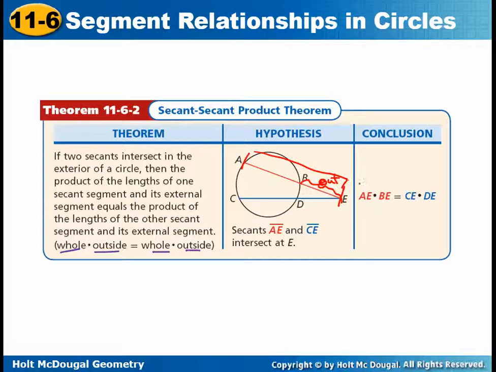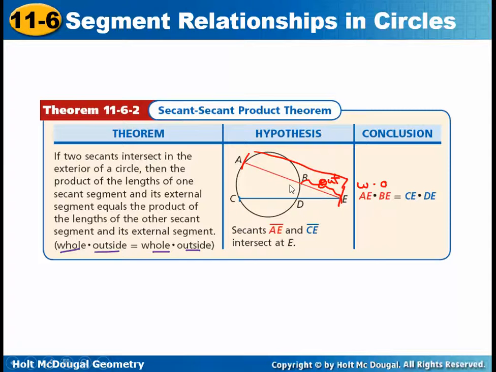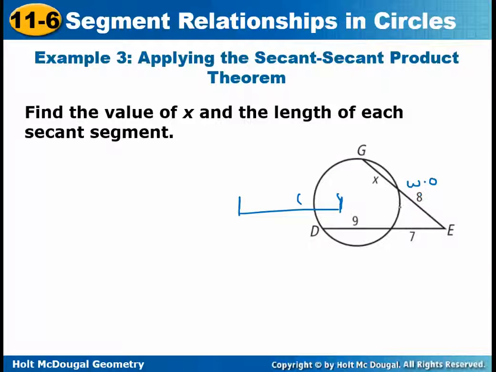If you multiply the whole times the outside, that will equal the whole of the other secant segment, see that whole thing, times the outside part of it, the external segment. So let's see how this is going to work.